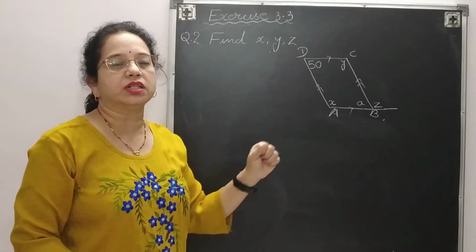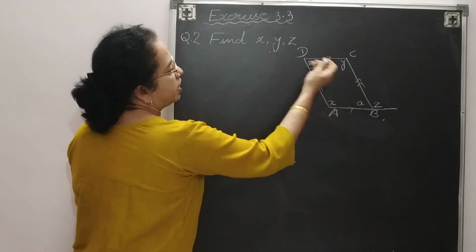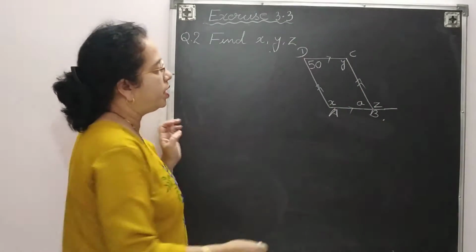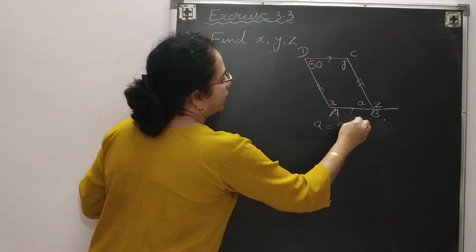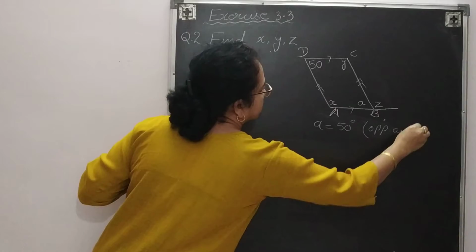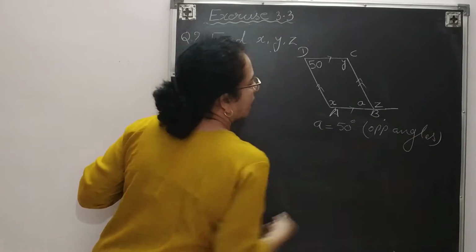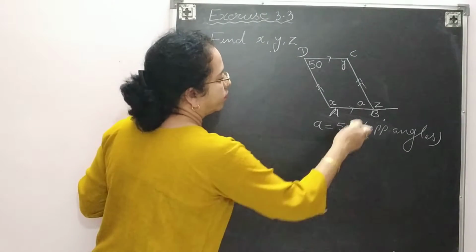You can take numbers by your own, you can take letters by your own. So again opposite angles of a parallelogram are equal. So A is equal to 50 degree. In short I am writing opposite angles. Okay. So with the help of A, can you find out Z?